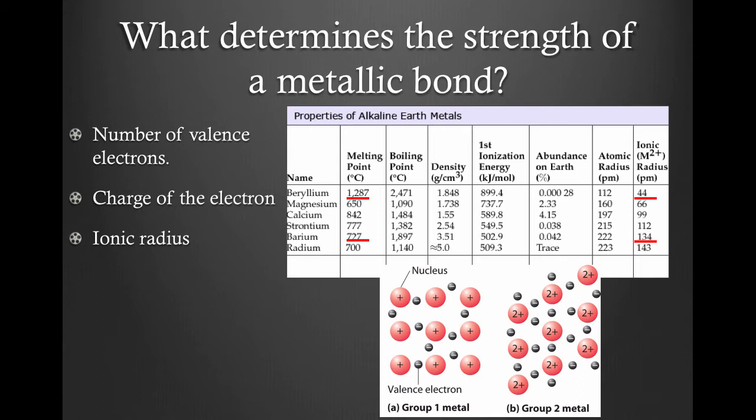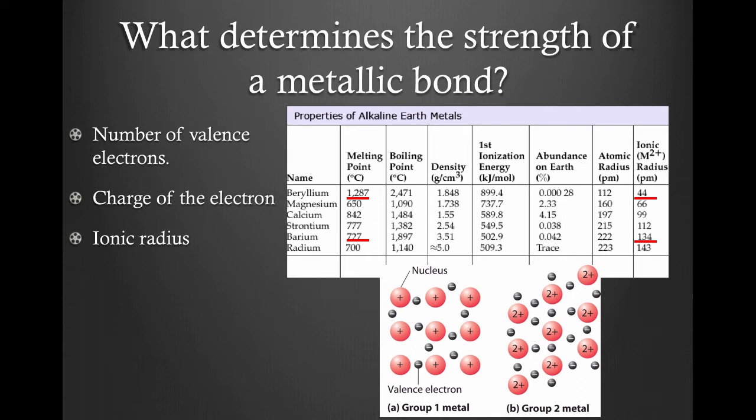So if we look at beryllium, which is the very top of the alkaline earth metals, we see that it has a very large melting point, and that is because beryllium has the smallest ionic radius in the family.